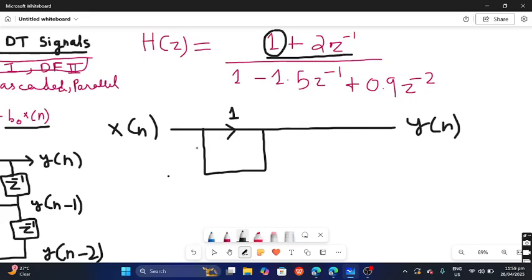Okay, then make a delay. There is a delay of z inverse 1 and it is getting multiplied with 2. Okay, now for poles again place that constant and there are 2 delays, so there will be 2 boxes.